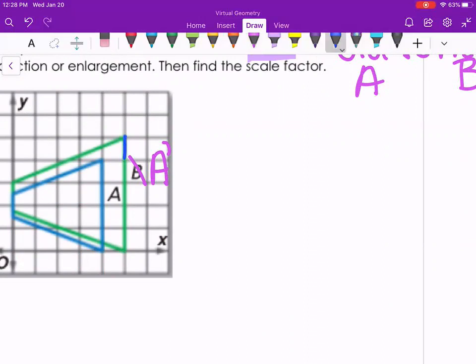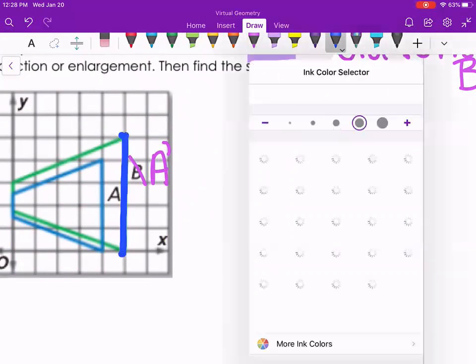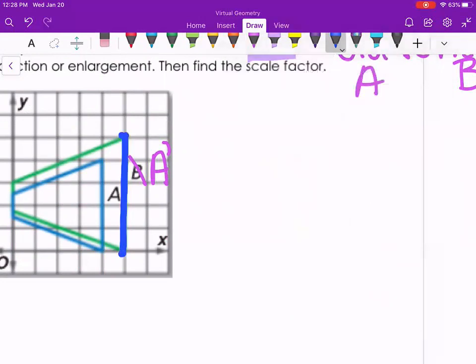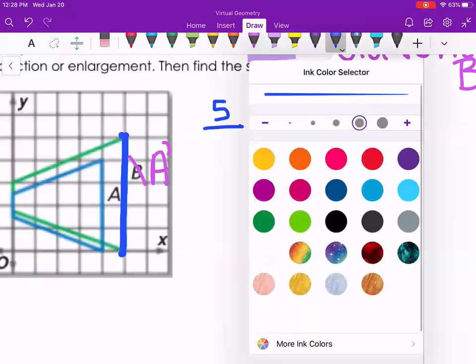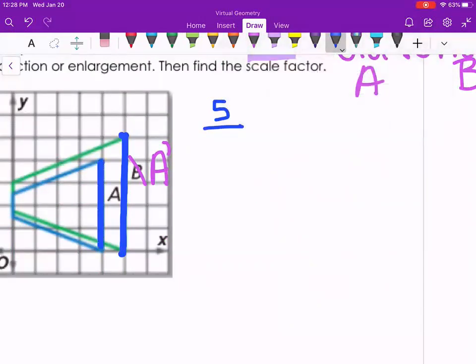All right, any side that is flat, meaning easy to count, definitely go with those. I've got my vertical side here of my old one. I'm sorry, of my new one, not the old, of the new. That is 1, 2, 3, 4, 5 tall. And I'm going to put that over its matching side in A, which is only 4 tall.